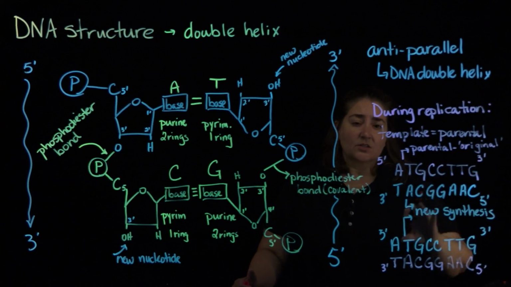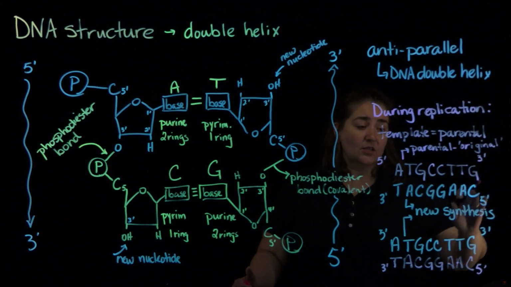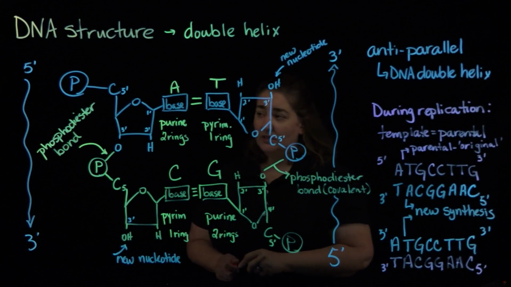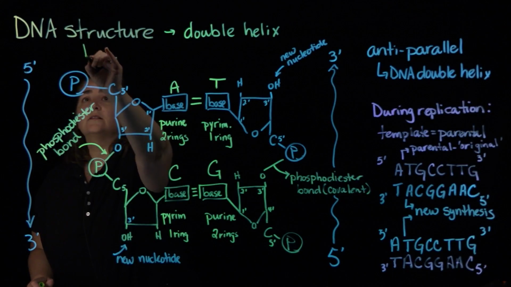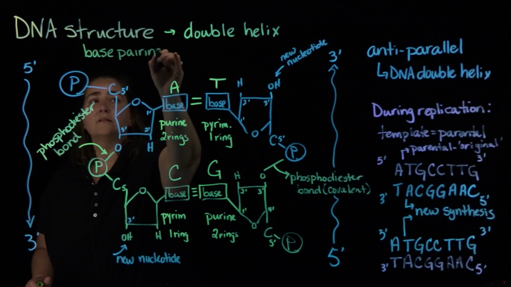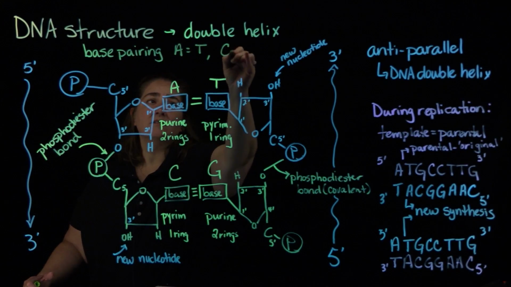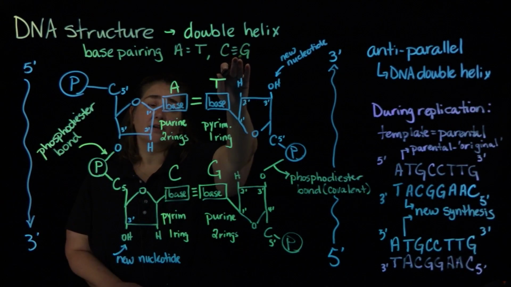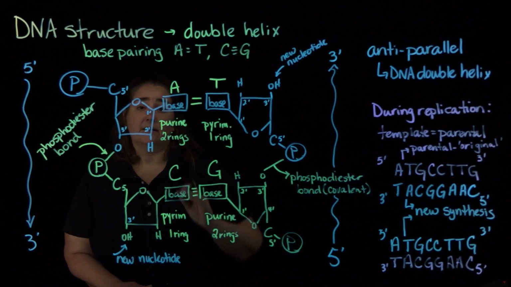So if you're given one set of sequences, you can fill in the other knowing the sequence of one, because remember, in terms of base pairing, A pairs with T, C pairs with G. We've got 3 hydrogen bonds between cytosine and guanine, 3 hydrogen bonds between adenine and thymine.